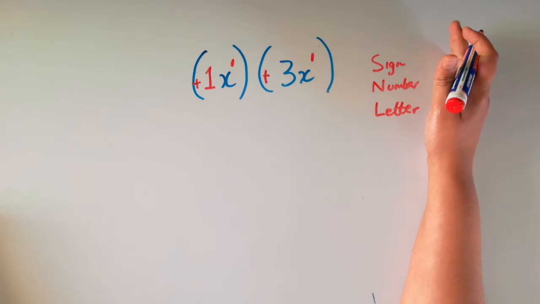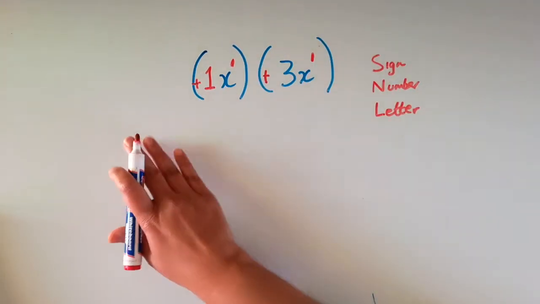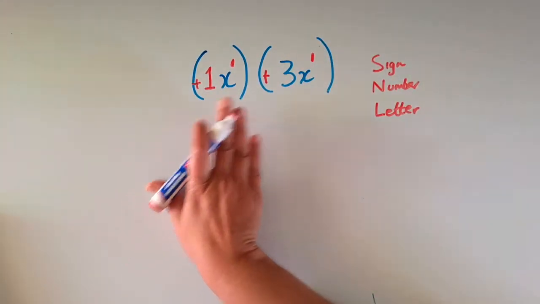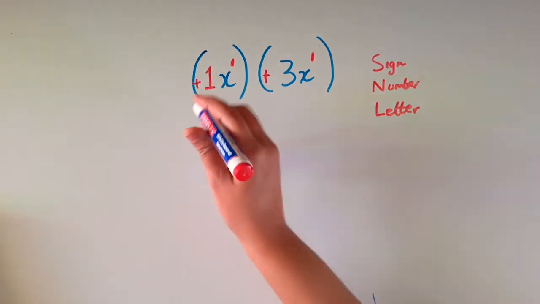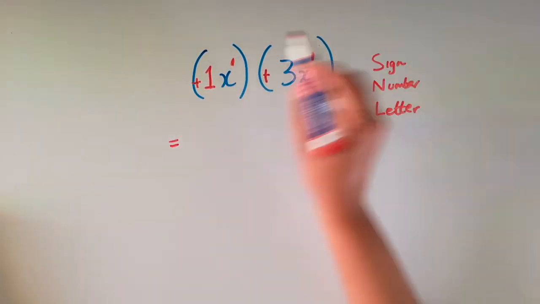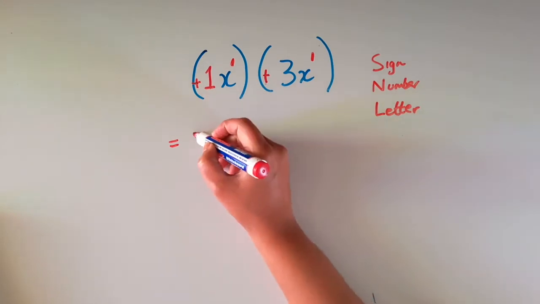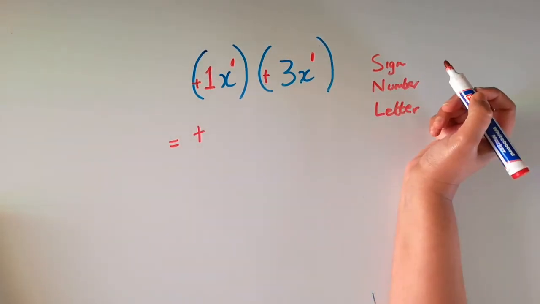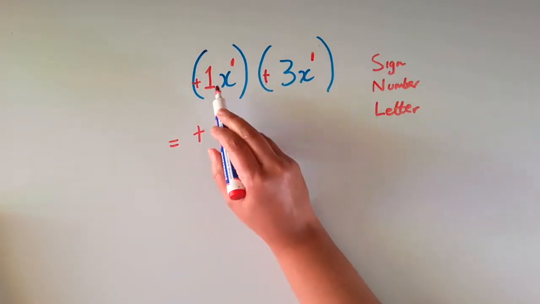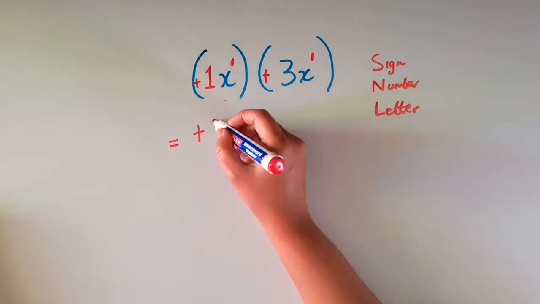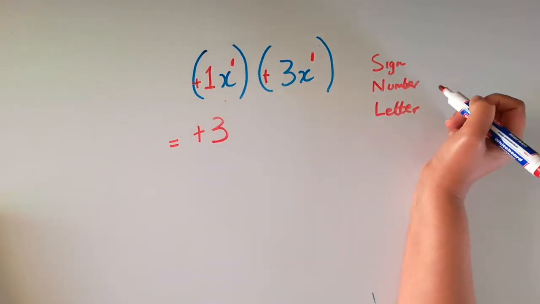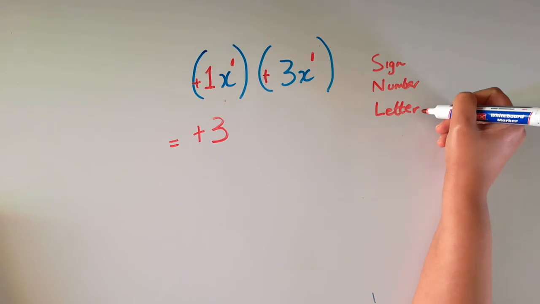So, from my previous lesson, we know that plus times plus will give me plus. So, sign: plus times plus will give me plus. Number: 1 times 3 will give me 3. And lastly, letter.